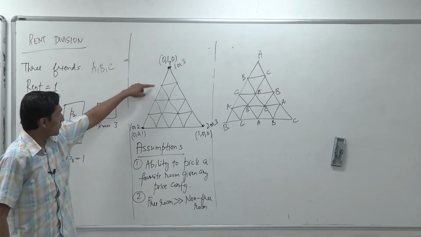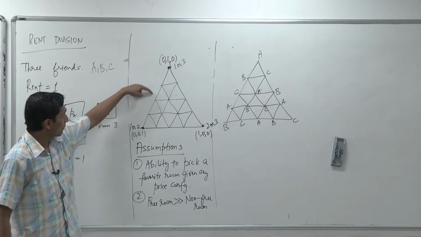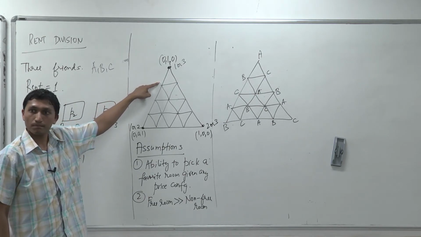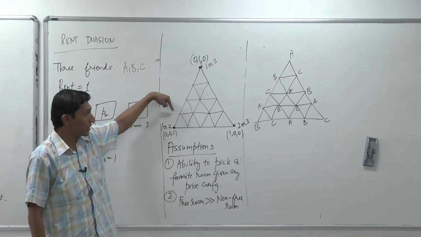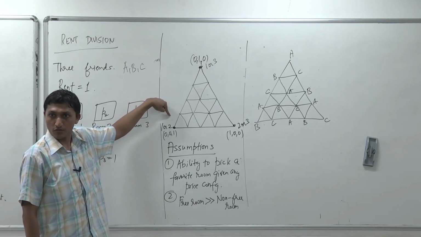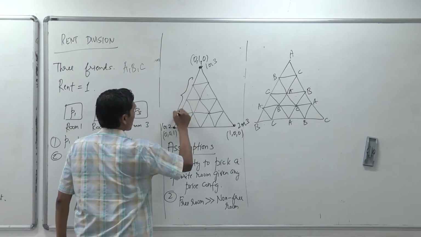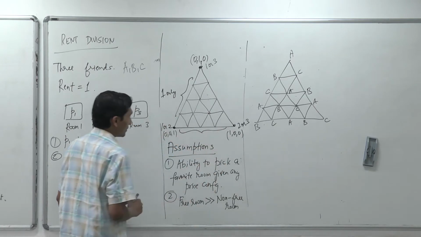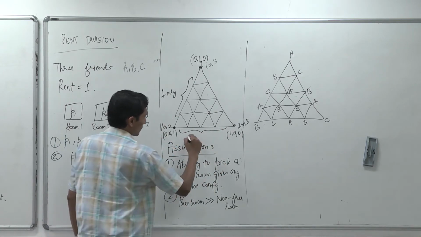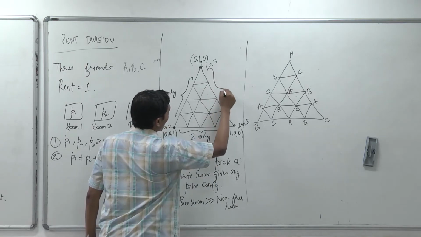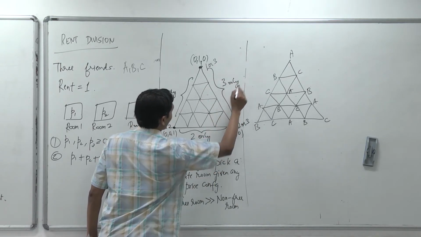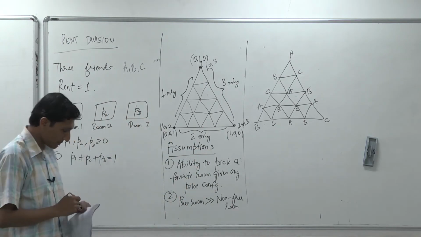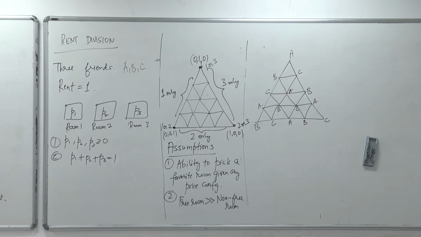What about the stuff on the boundary here? Anybody? Yeah? 1 for every single one of these. Why? That's the only free room. 1 only. What about here? Okay, so that's a bummer. That looks nothing like Sperner.